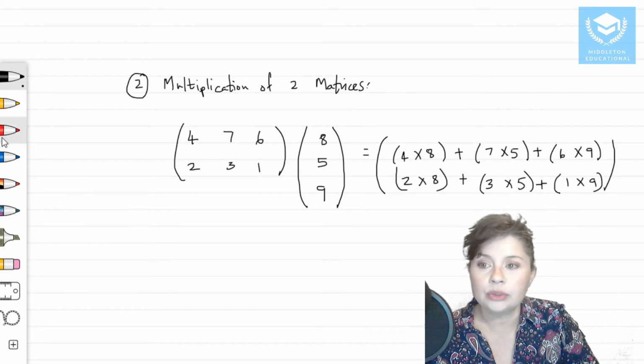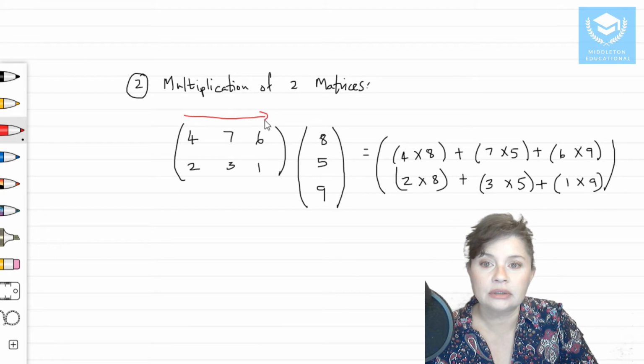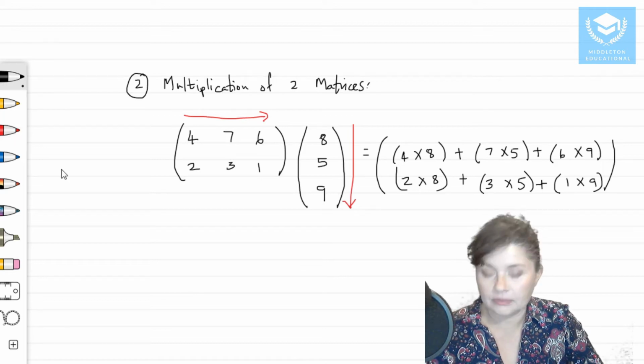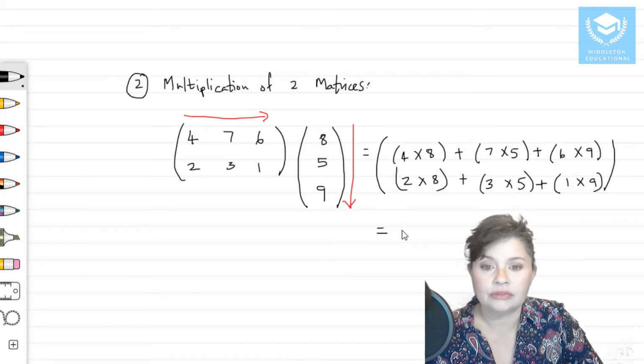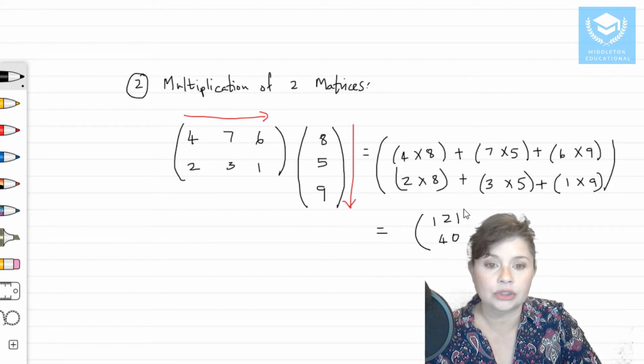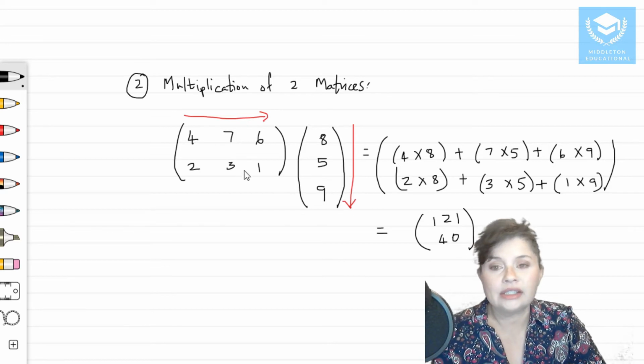What we're doing is moving in this direction multiplied by that direction over there. That is going to simplify to the first element being 121 and the second element being 40.